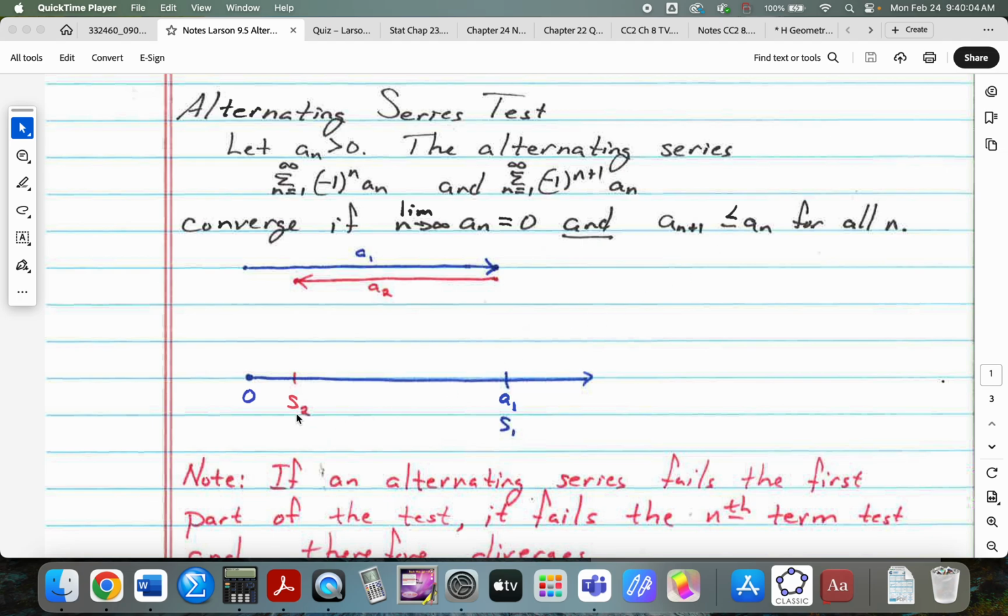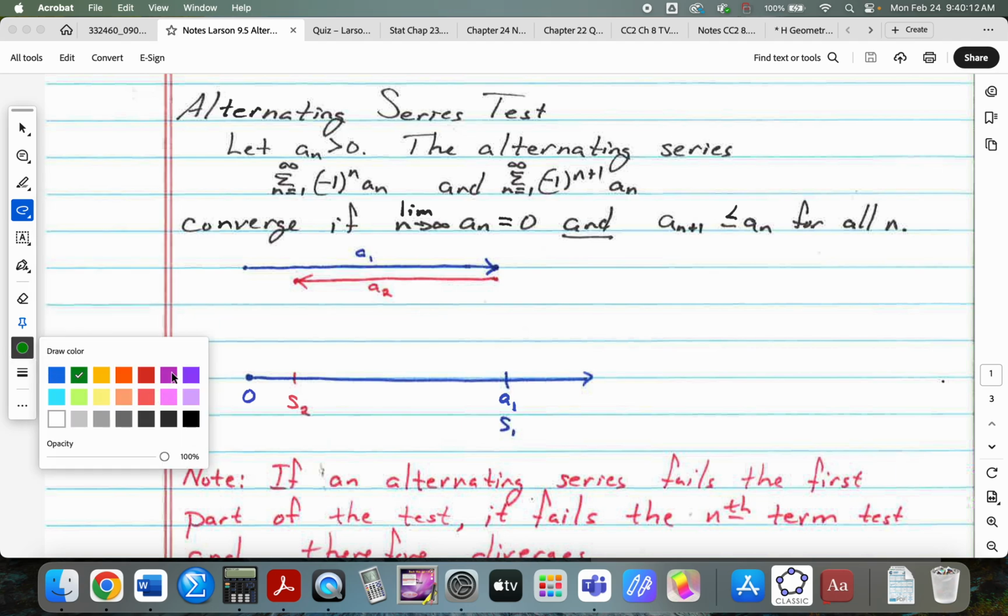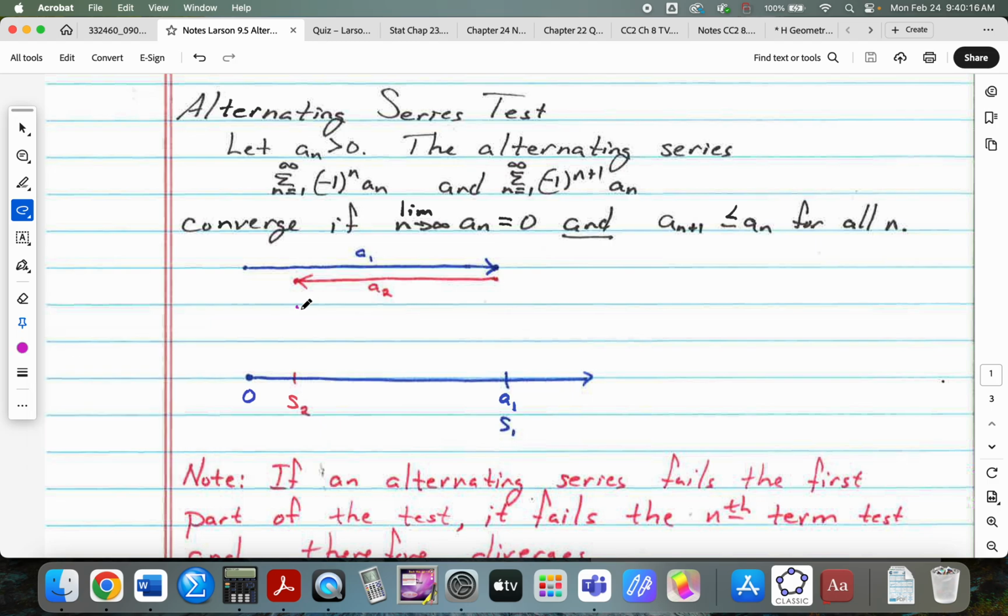So this would be S sub 2, the second sum of the sequence of partial sums. And then from there, we'll go this way, but we can't go all the way to here because this has to be smaller. So we're going to go to there. This is going to be S sub 3.